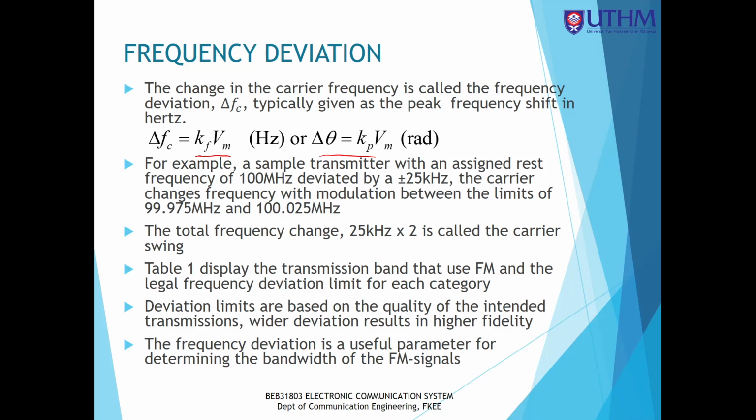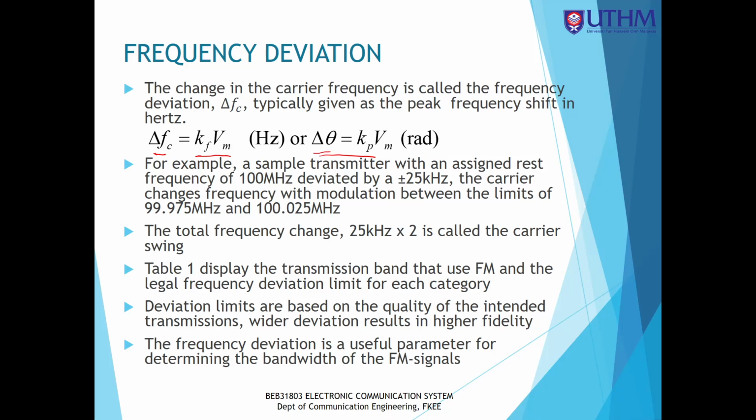This defines the change of the carrier parameters either in terms of frequency, which is delta fc, or in terms of phase, which is delta theta. This delta is the change, the variation, that happens in the carrier parameters. Delta means perubahan, the changes.